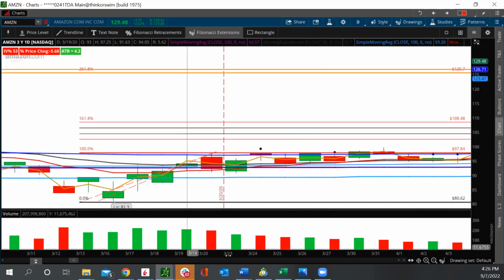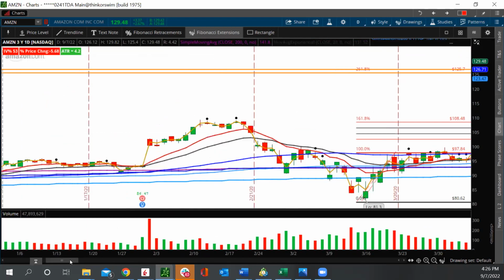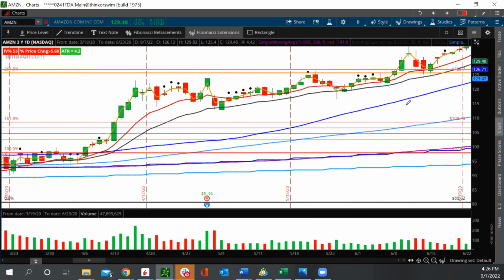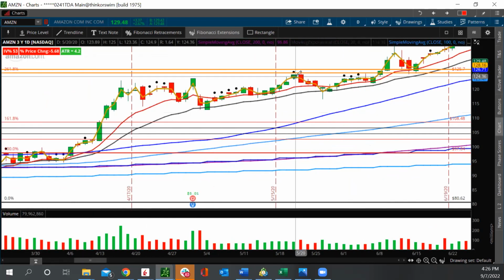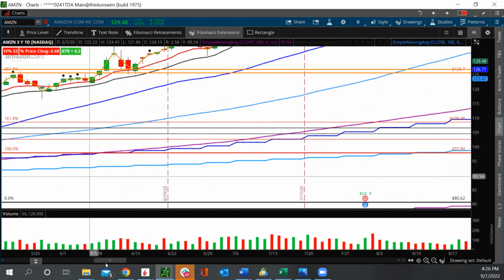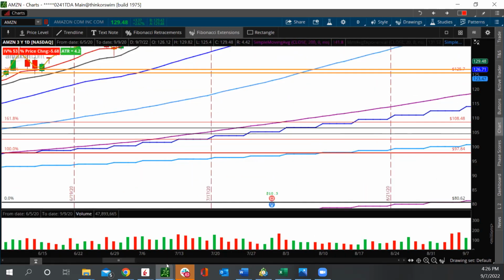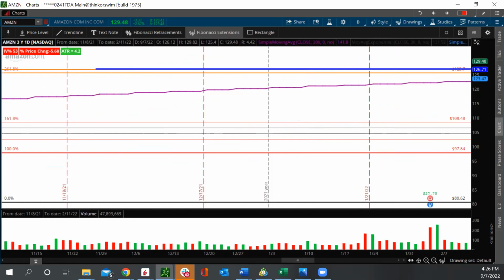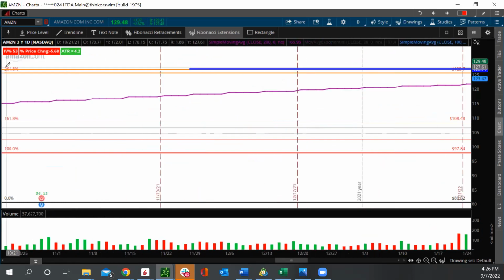And then what I was looking at was, when you scroll through here, it was resistance here, the 218. Then it became support. And if you scroll all the way over to today's price action, that 261.8 perfectly aligns.